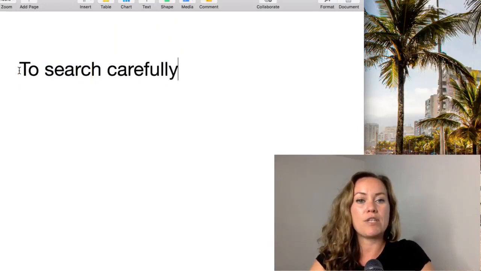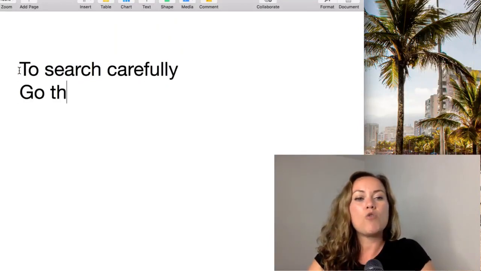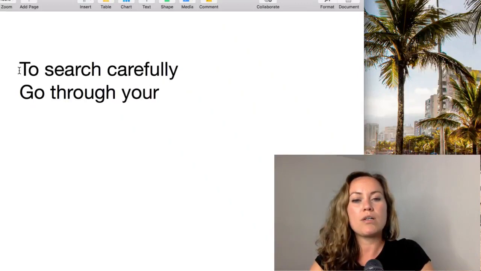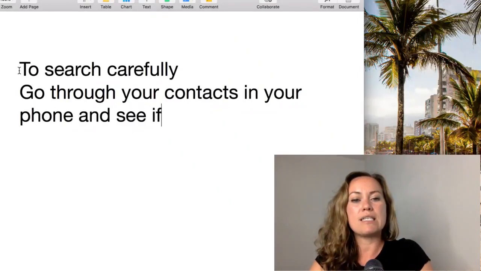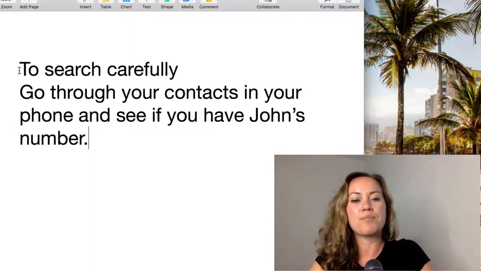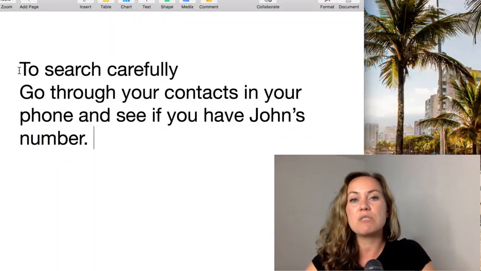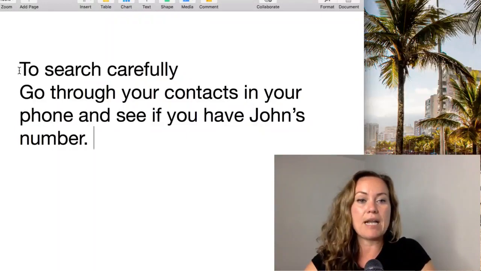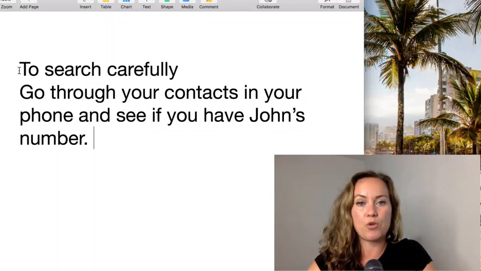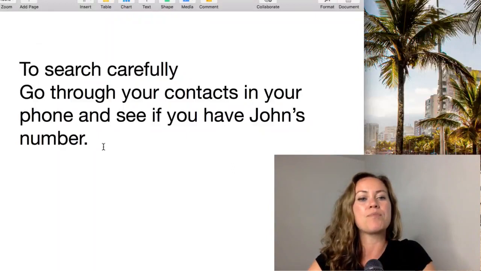Okay, so to go through, the first usage I think of is to search thoroughly or carefully. So go through your contacts in your phone and see if you have John's number. So you're searching your contacts. We can also say search your contacts, but it sounds more native-like and more natural to say go through your contacts in your phone.